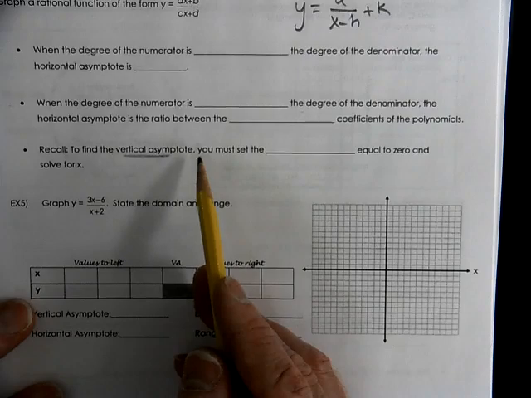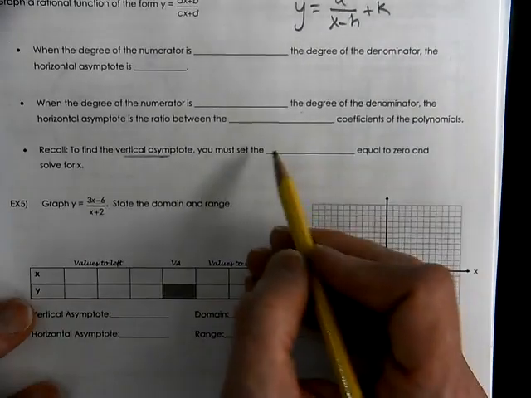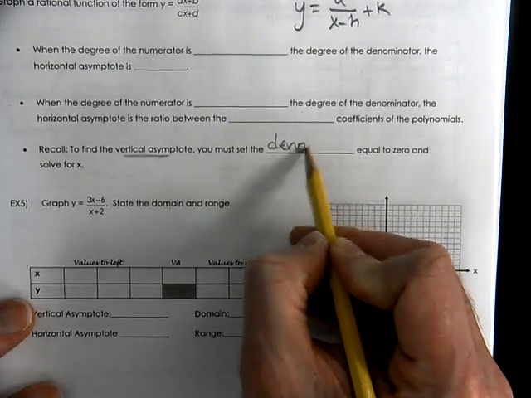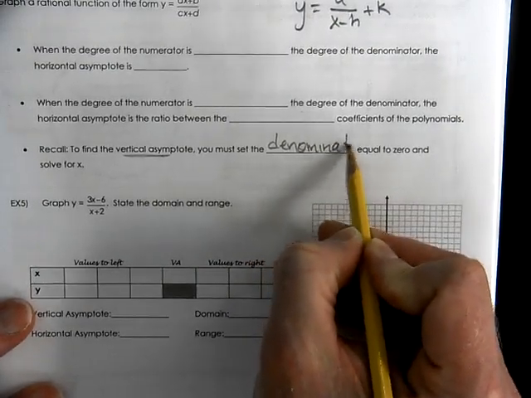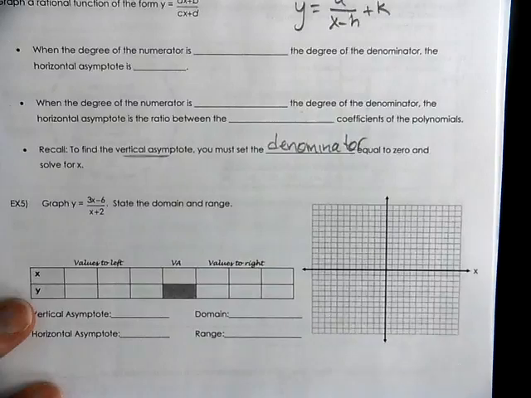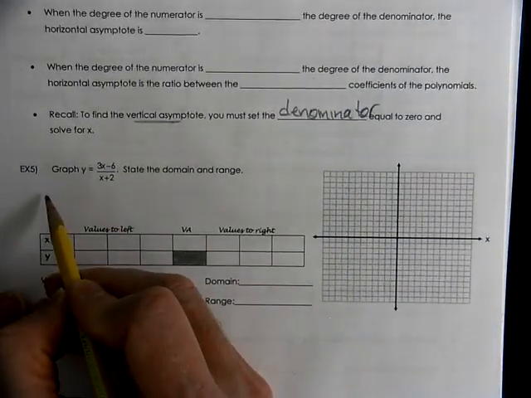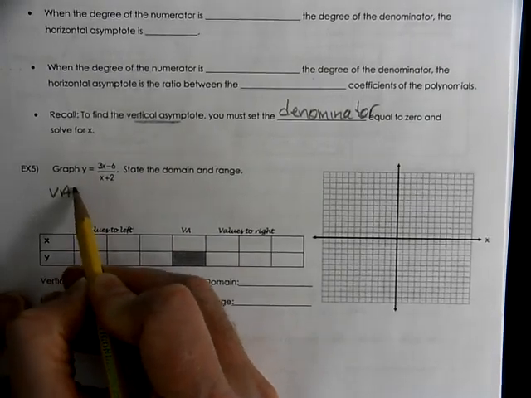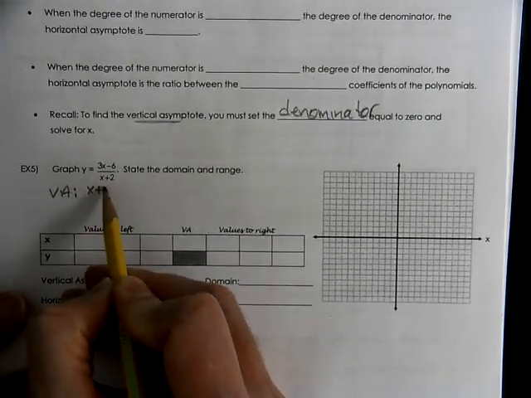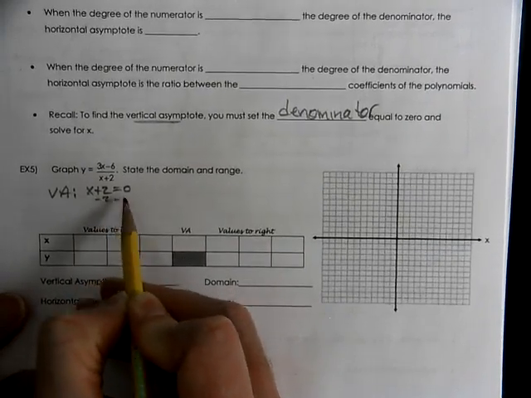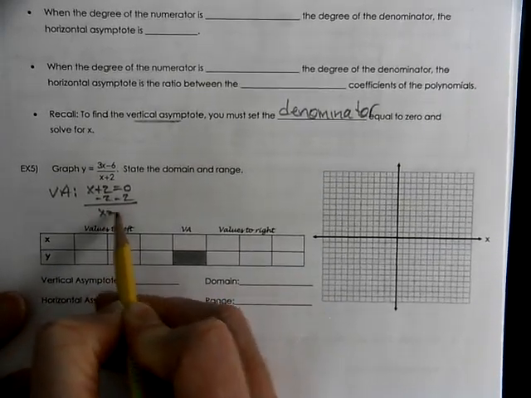So to find the vertical asymptote, you must set the denominator equal to 0 and solve for it. So in this case, the denominator is x plus 2, because that's your denominator, and you're setting it equal to 0. So that's a simple one.